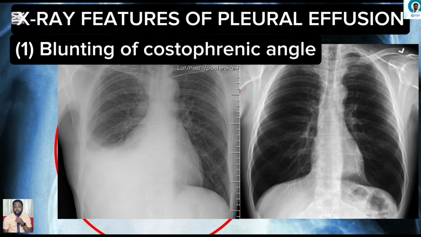As you can see on this chest X-ray, the right border of the heart is obscured, as well as the right hemidiaphragm. This is as a result of the opacification produced by the pleural fluid collection.